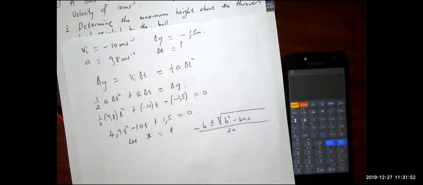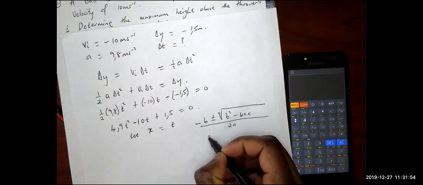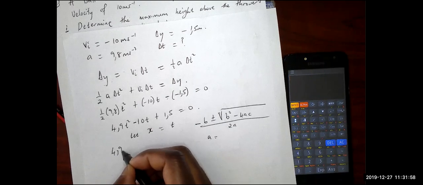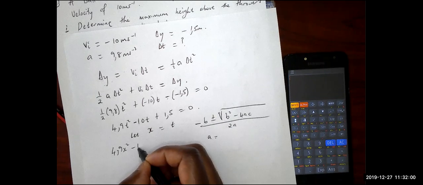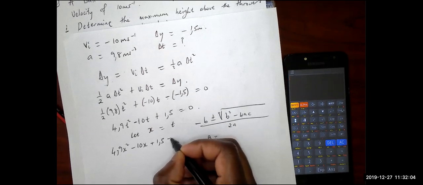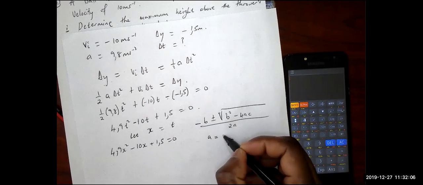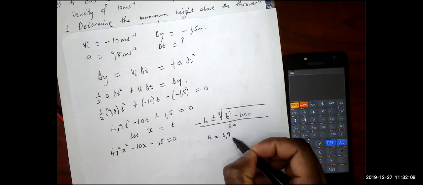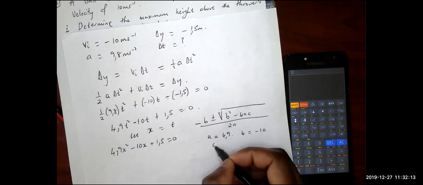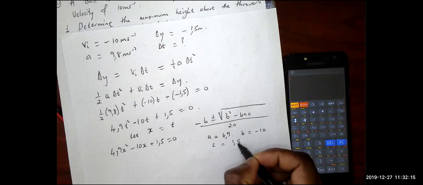Now what is our a? In this case it's 4.9x squared minus 10x plus 1.5 is equal to 0. Then our a here is 4.9, our b is equal to -10, our c is equal to 1.5. That's what we have there.